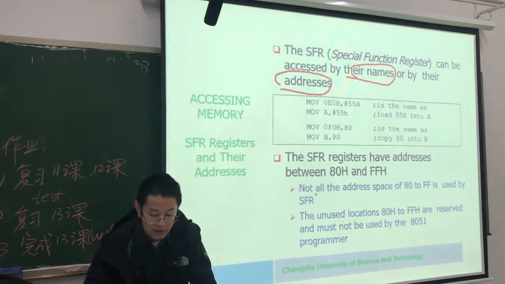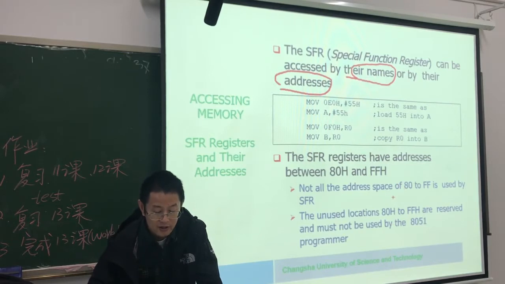Not all of the address space of 80H to FFH is used by SFRs. The unused locations are reserved and must not be used by the 8051 programmer, which means the memory space between 80H and FFH is not to be used by the user.